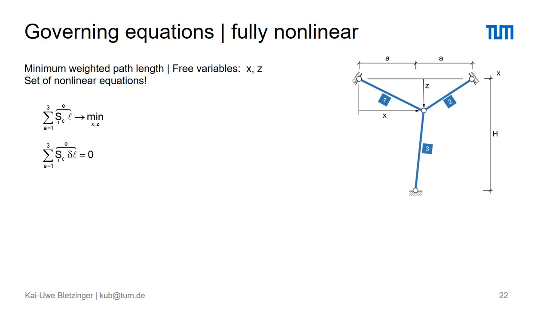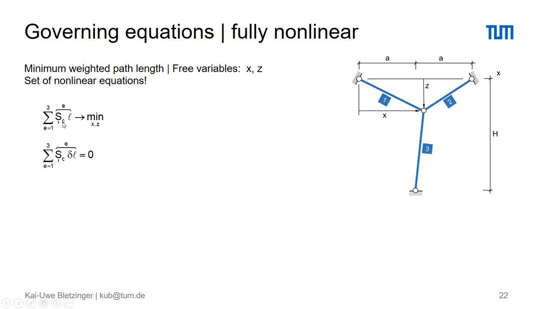Let's first of all study this little example. It's a plain cable net with 3 cables supported as displayed, where the top nodes are distance 2 times A apart, and the overall height is also given by H. What we would like to determine is the shape in equilibrium with these 2 free variables X and Z. And what we like to do is directly prescribe the cable forces in the deformed configuration, and we call that a weighted minimal path length net if these forces are not all the same.